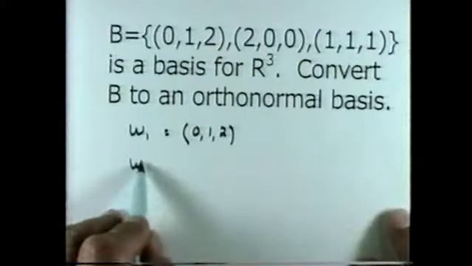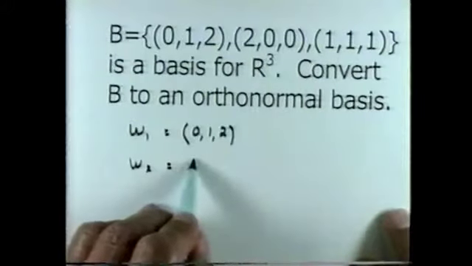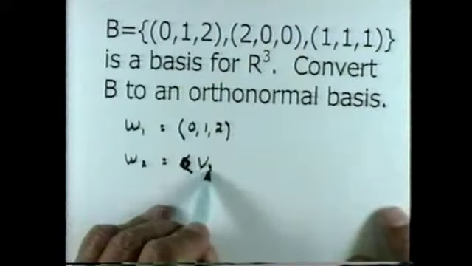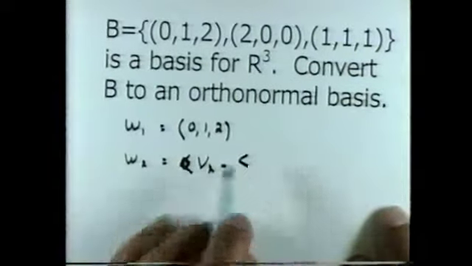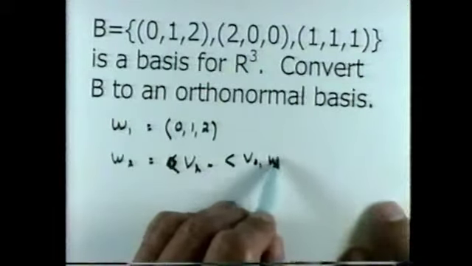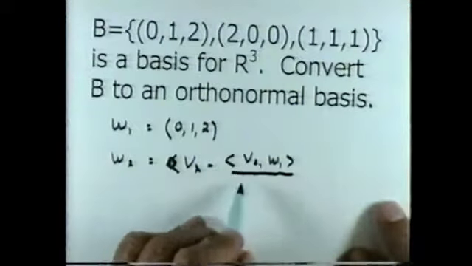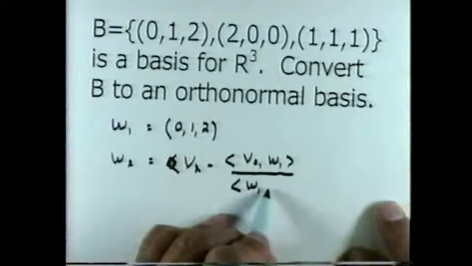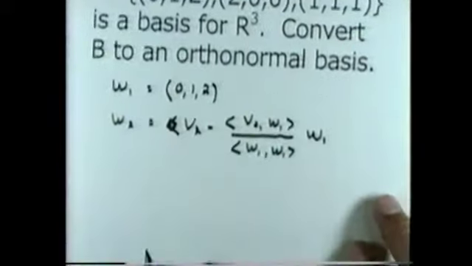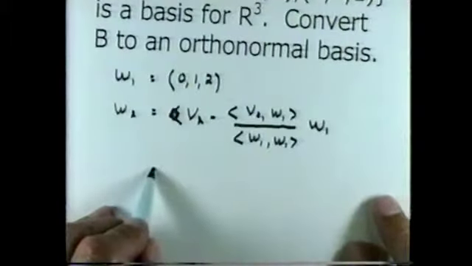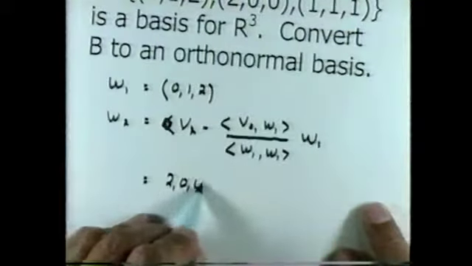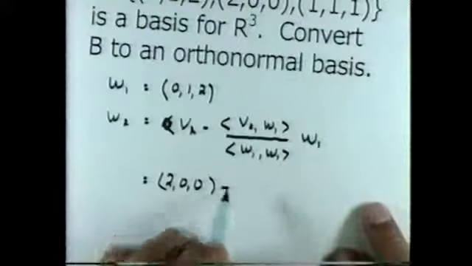So, W2 is going to equal V2 minus the inner product of V2 with W1 over the inner product of W1 with W1, times W1. Well, this is going to equal V2, which is (2, 0, 0), minus.